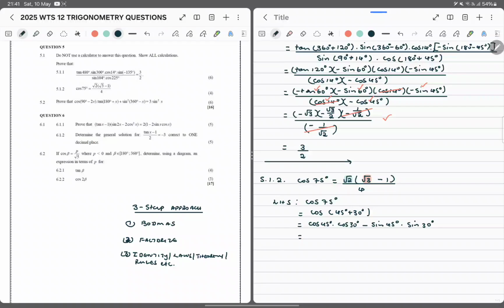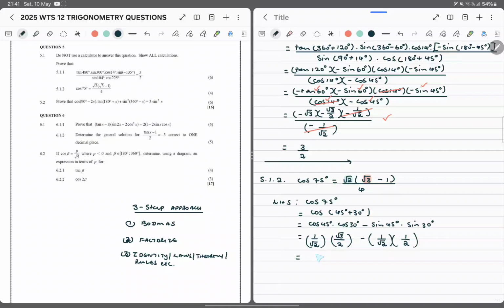Okay, this is equal to, now cos 45 is 1 over square root 2, multiplied by cos 30 is root 3 over 2, minus sine 45 is 1 over square root 2. Sine 30 is a half. Okay, so we deal with these, we multiply.